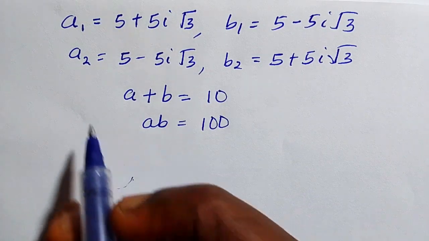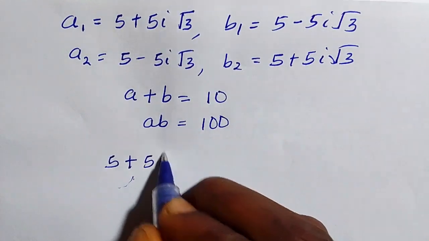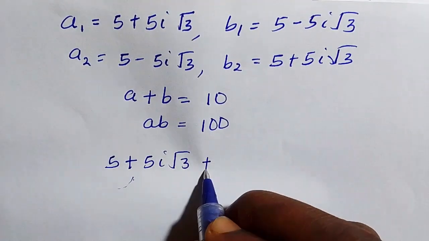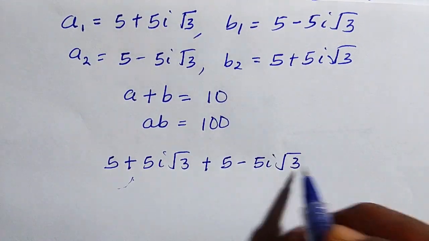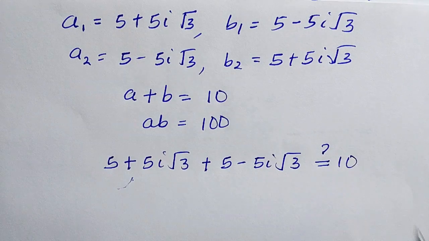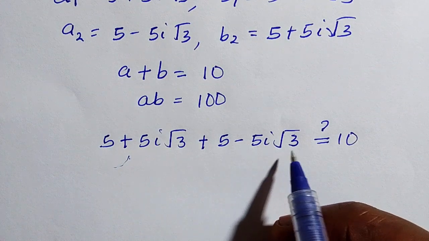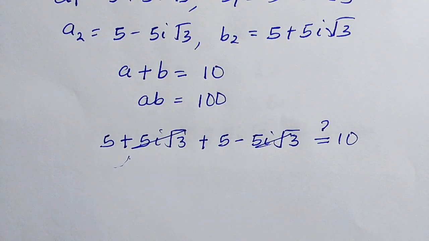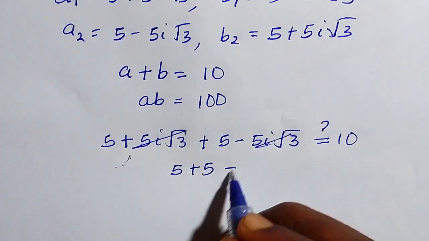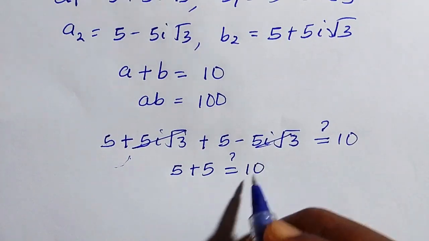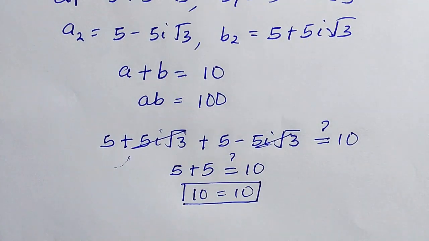When we verify using the first one, we have 5 + 5i√3 plus b, which is 5 - 5i√3. We want to check if this equals 10. The plus 5i√3 and minus 5i√3 cancel each other, so we have only 5 + 5, which equals 10. So 10 equals 10. It shows that this really satisfies the problem.